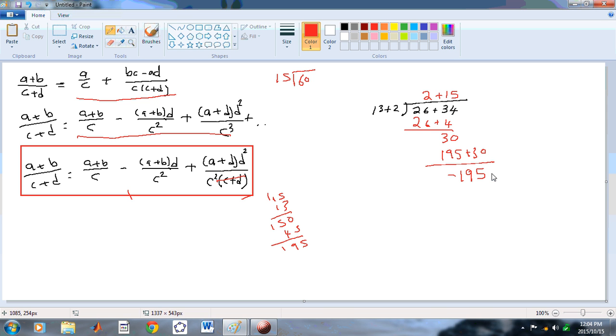I could actually break this up, let's say into minus 150 and minus 45. Do I really want to do that? I would rather break it up into, I can do that, but it's not going to get me to a result faster.